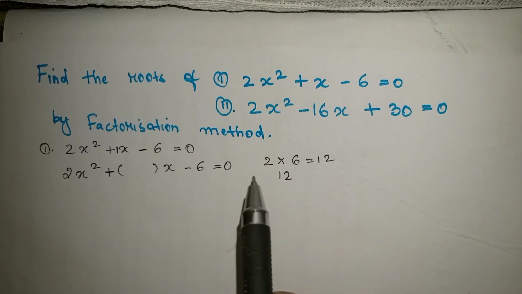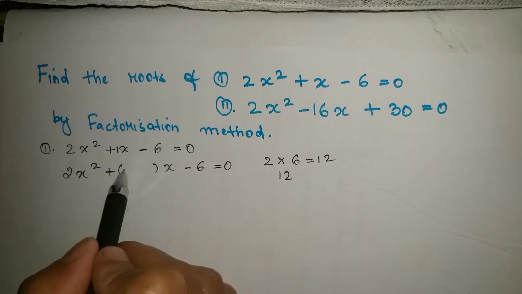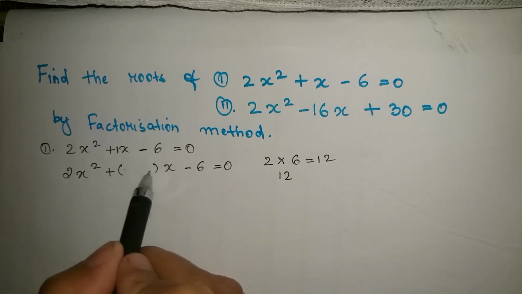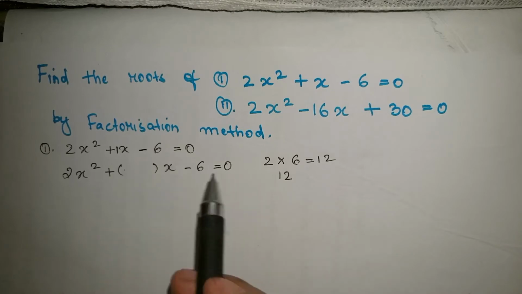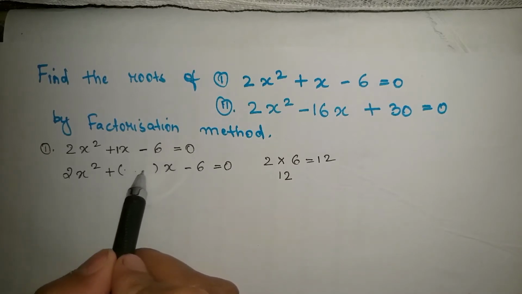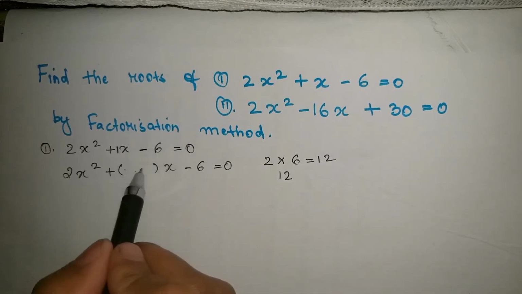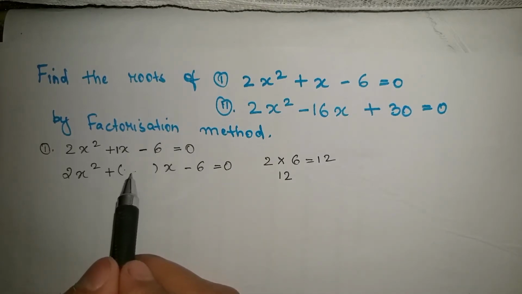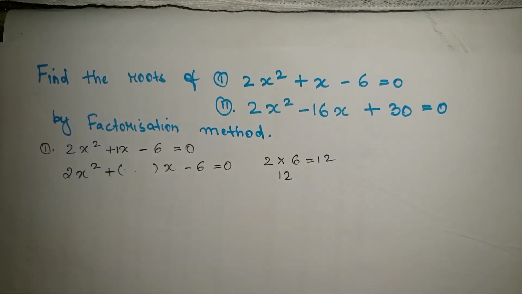Why do I want to factorize 12? Because I want to find out two numbers to fill the gap here in such a way that if I multiply the two numbers, I should get 12, and if I add or subtract the two numbers, I'll have to get 1.